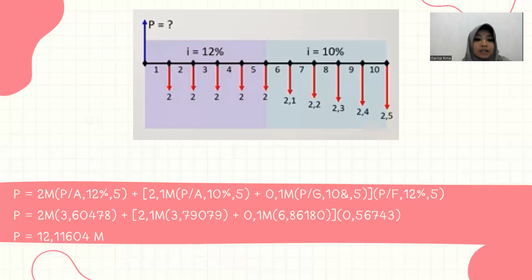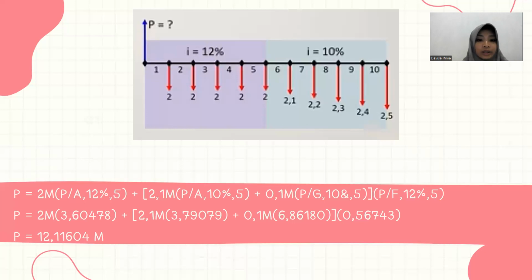Then, at 10% interest rate under the function P per A, and on the right, n equal to 5, we get the value of this function. Then in the 10% interest table under the P per G function, and to the right of n equals 5, we get the value of this function. And then in the 12% interest table under the P per F function, and to the right of n equals 5, we get the value of this function.